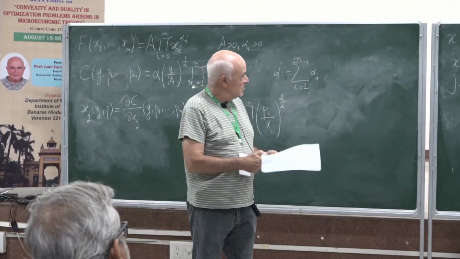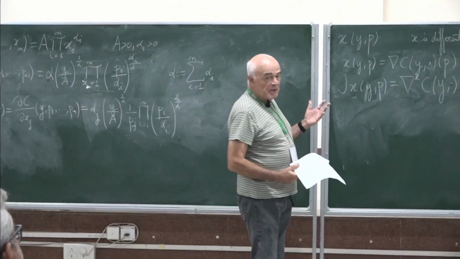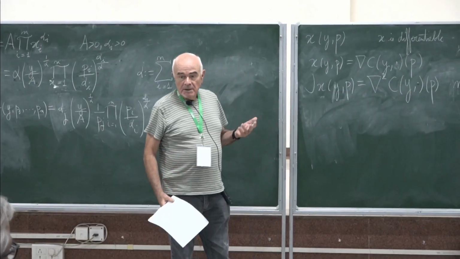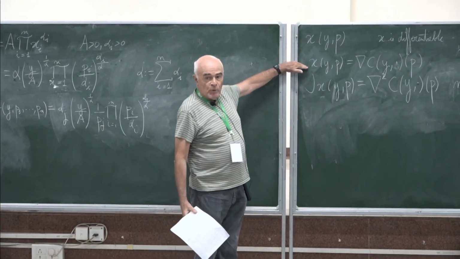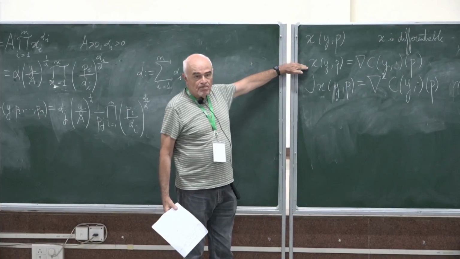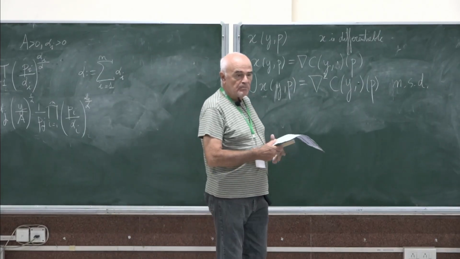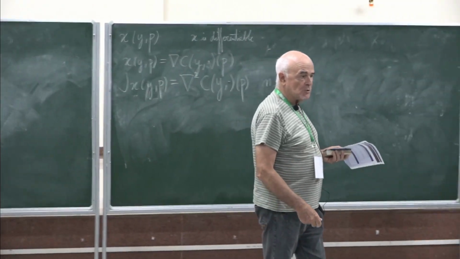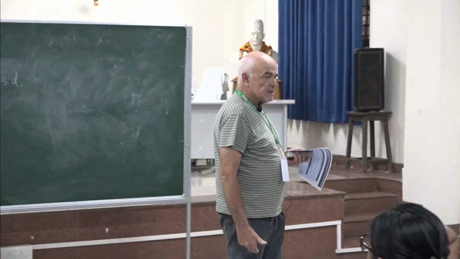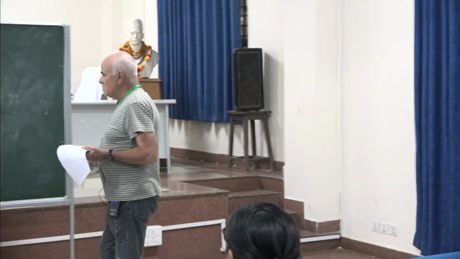Then, conclusion, maybe unexpected. I mean, it's expected because of this, but if we didn't know Shephard's lemma, I could not suspect that the Jacobian matrix of the input demand function is negative semi-definite. And this has some consequences.